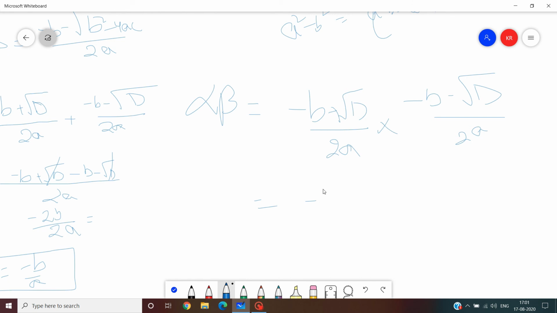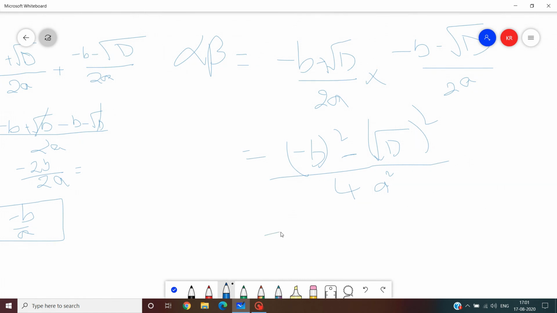So here I will get minus b whole square minus root over D whole square, sorry, here not plus, this will be minus, by 2a into 2a, that will be 4a square.